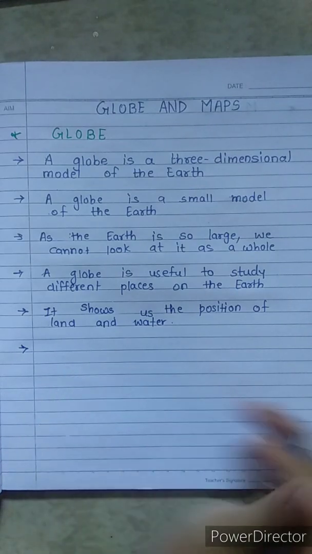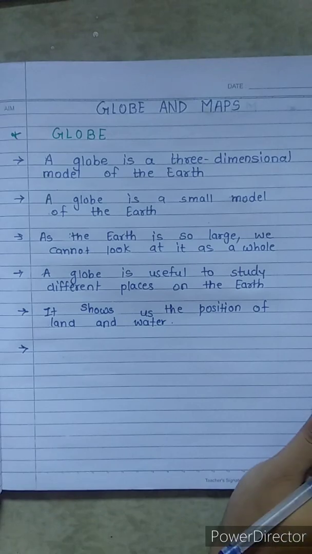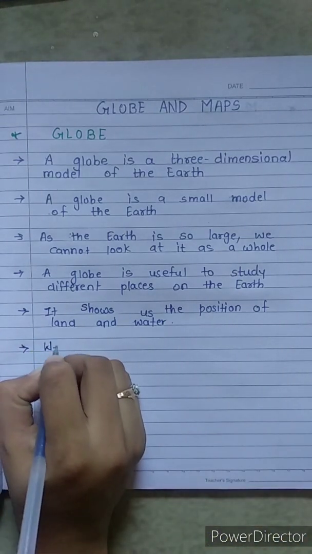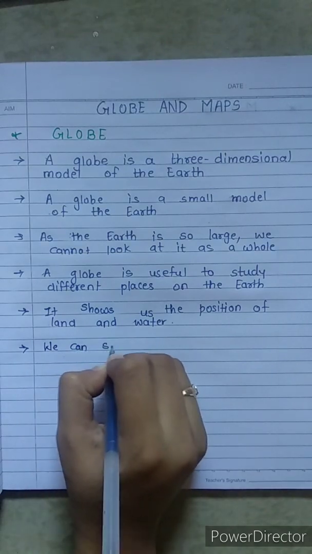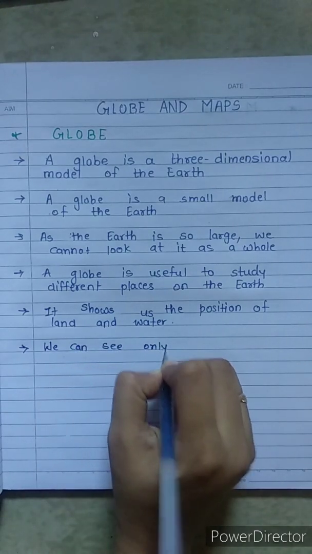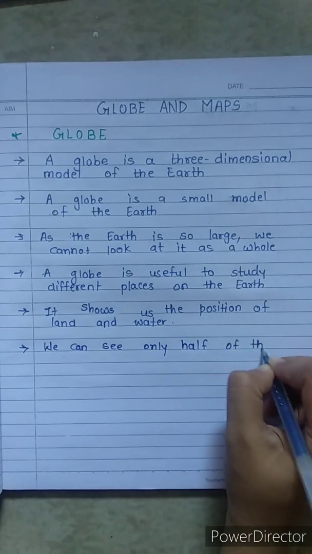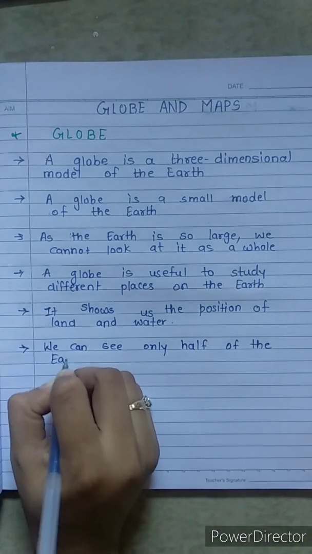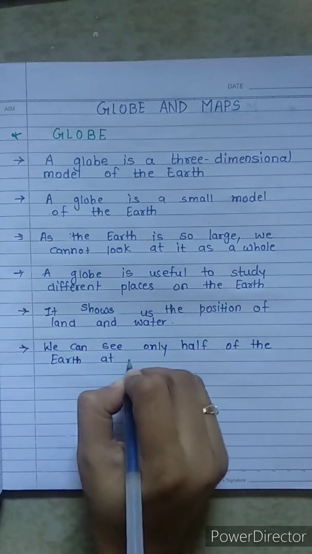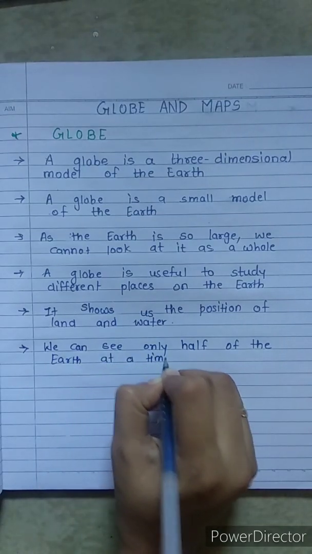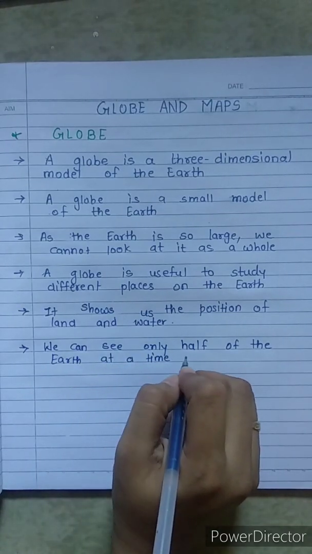Then it is difficult to carry a huge globe. It is a bigger one, right? It is very large, so we cannot carry this globe with us. So we can see only half of the earth at a time. Means we can see only the half part of the earth at a time.